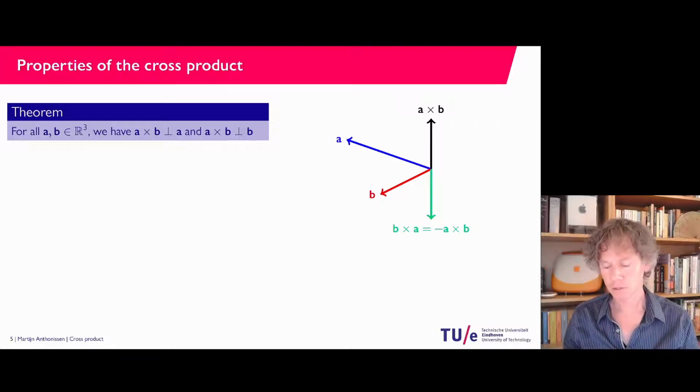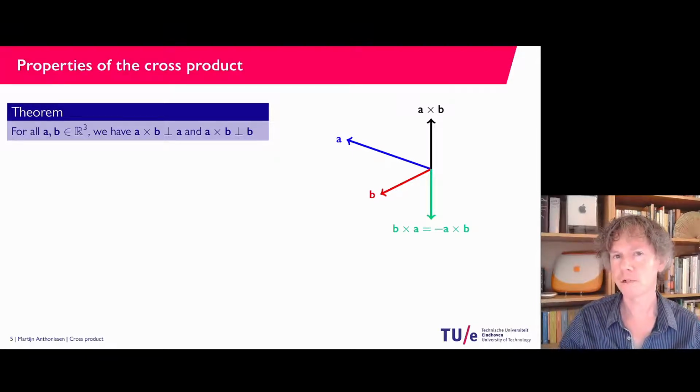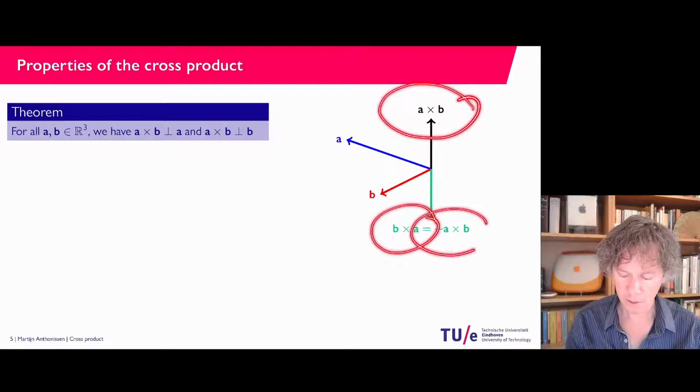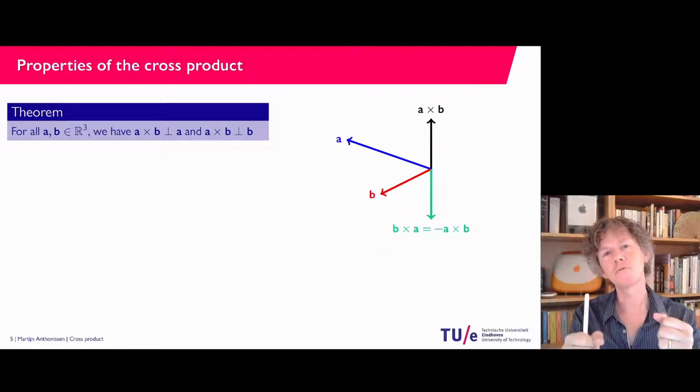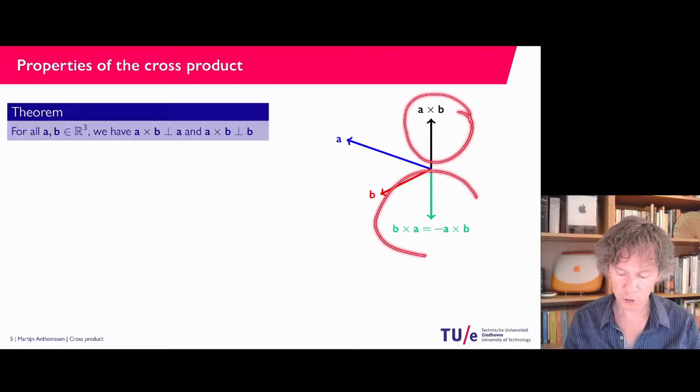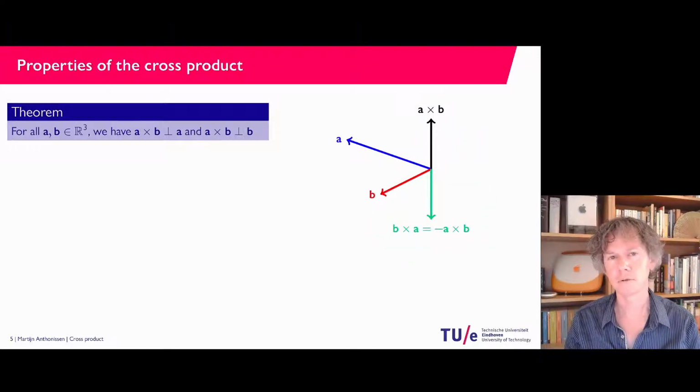So this looks a little bit like a product, but you see that if you change the order, you get a minus sign. So the order is important. With A cross B, you find this black vector. With B cross A, you find this green vector.